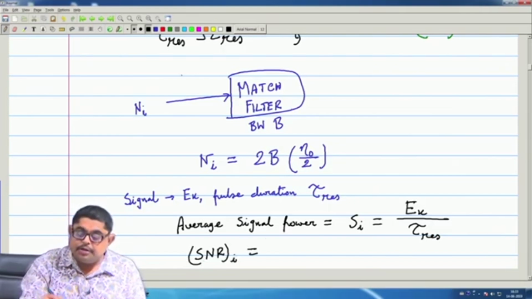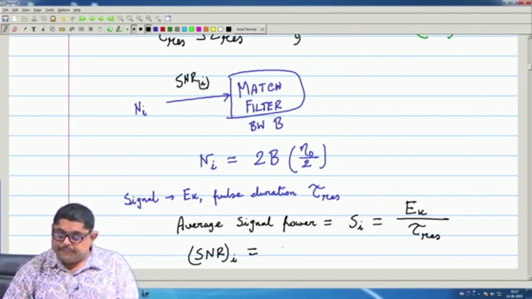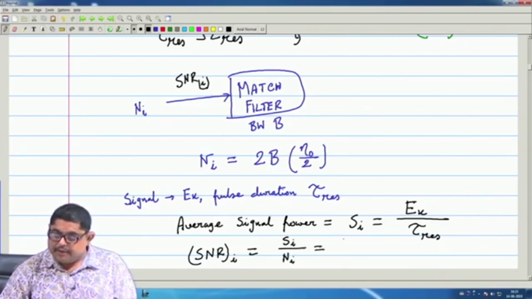That means I can say SNR_i will be Si by Ni.